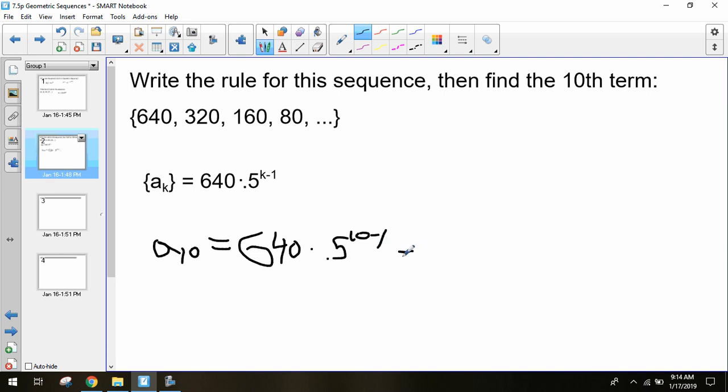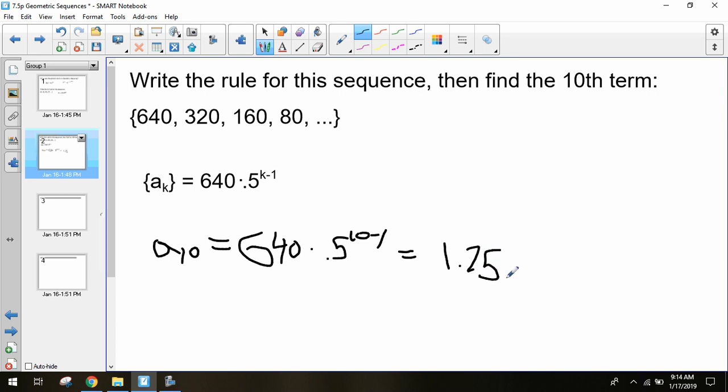So all you have to do is figure out what 0.5 raised to the 10 minus 1 is times 640. You can plug that in your calculator pretty quickly. So we can do 640 times 0.5, raise that to the power of 10 minus 1, and this is all equal to 1.25, and that would be the 10th term of your sequence.